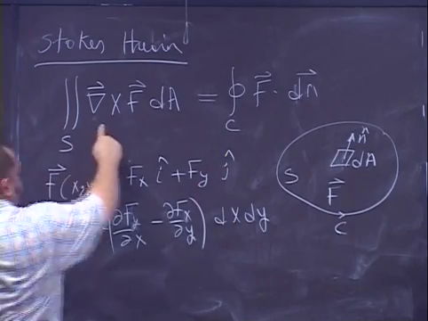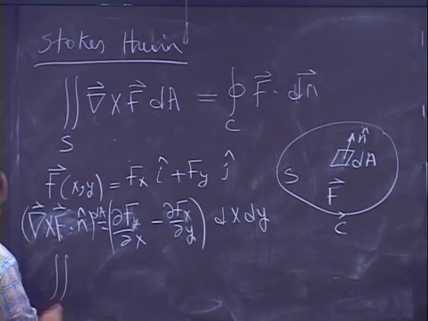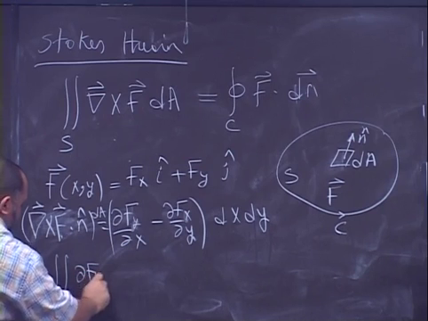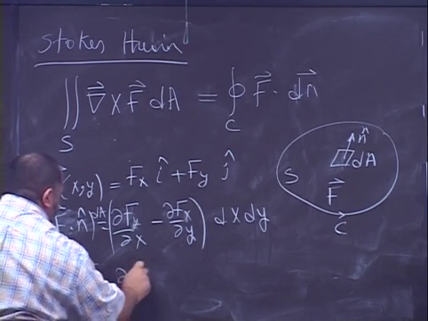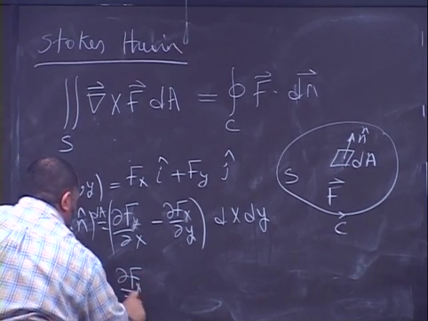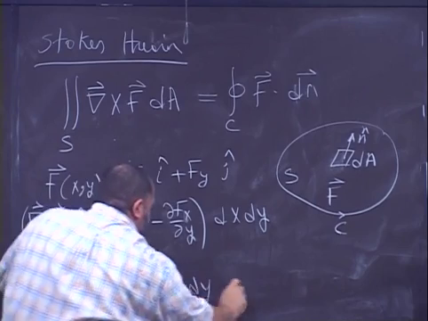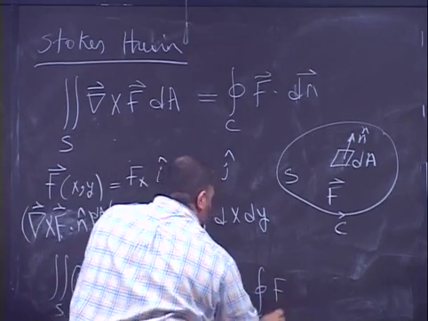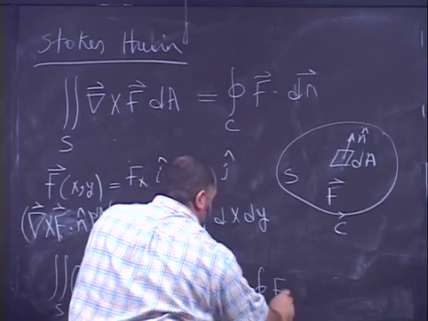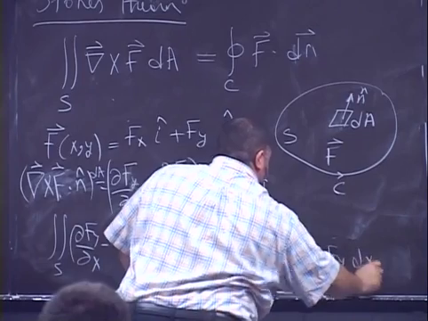If you substitute this one here and this one here, you will end up with the surface integral of dFy by dx minus dFx by dy, all evaluated at dy dx, equal to the line integral of Fx dx plus Fy dy.